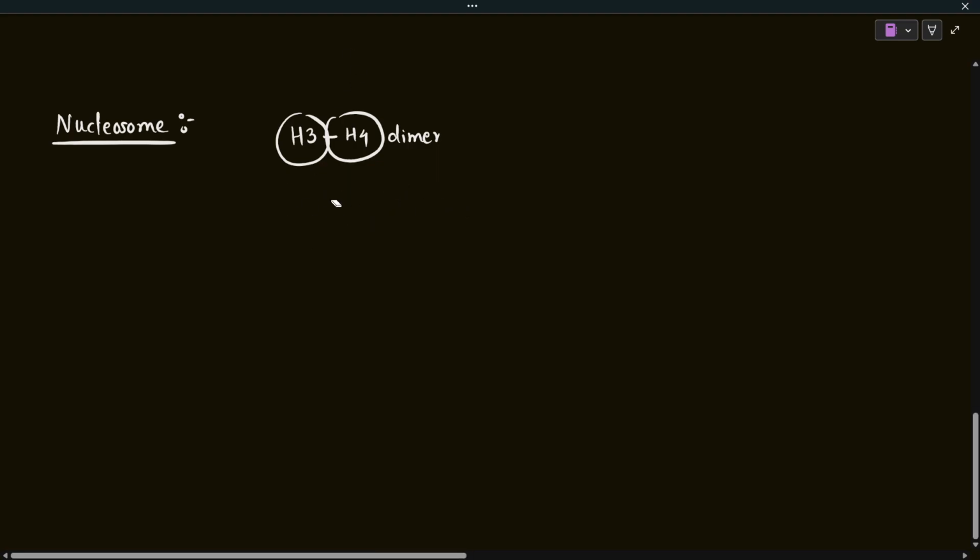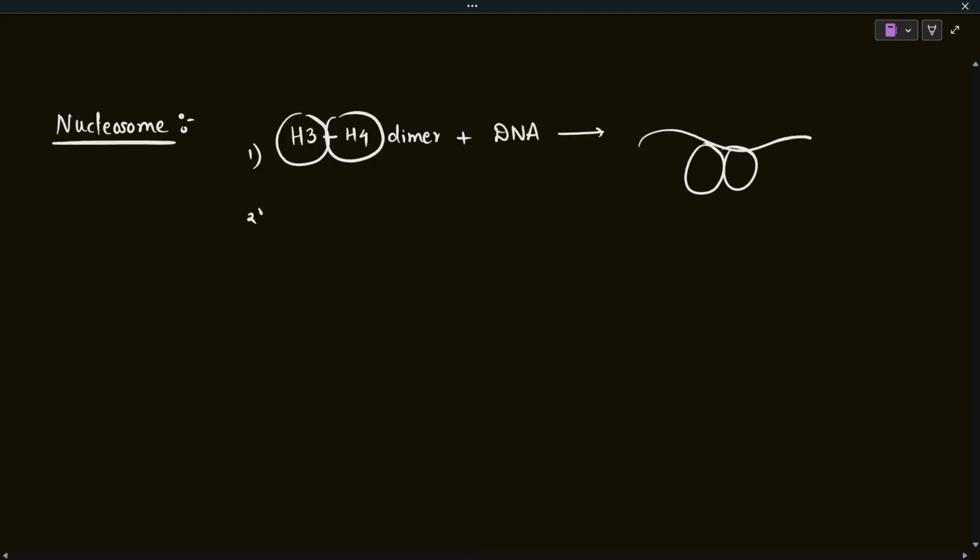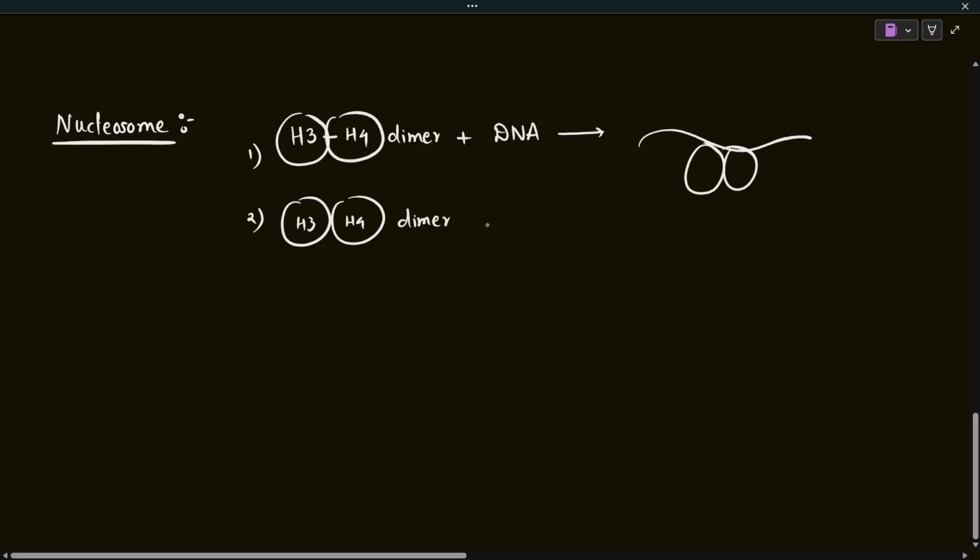So the first H3H4 dimer comes on the DNA and sits over the DNA. So this is the DNA, this is the H3H4 dimer. Then the other H3H4 dimer comes and binds to the H3H4 dimer which was already sitting on the DNA.